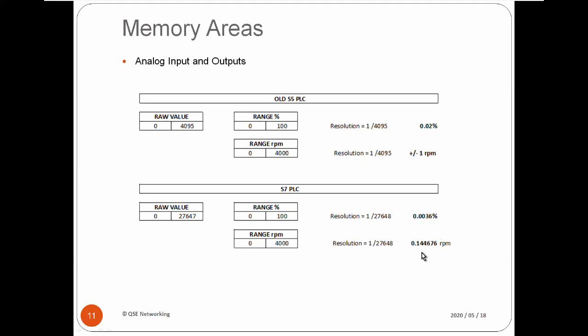So it'll jump around, and you can't really work with that. And again, if you look at the 4000 RPM, you get 0.14 RPM, probably also not really relevant. Temperatures, you might have specific things, but it depends on the speed of the loop. All right, so that's analog inputs and outputs.